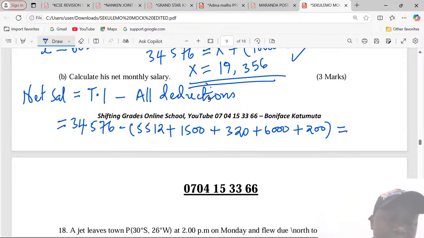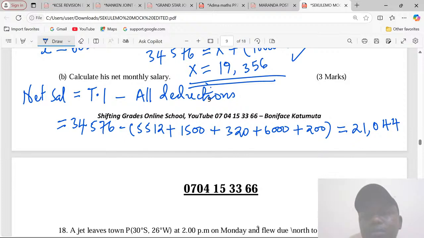So we can compute this now. 34,576 minus 5512 plus 1500 plus 320 plus 6,200. And this is 21,044 Kenya shillings.